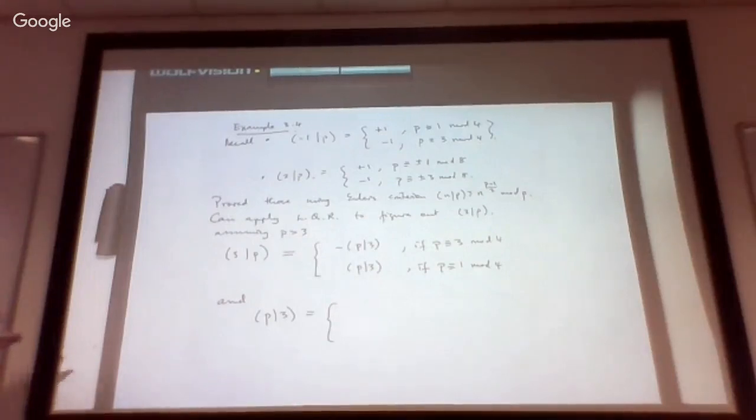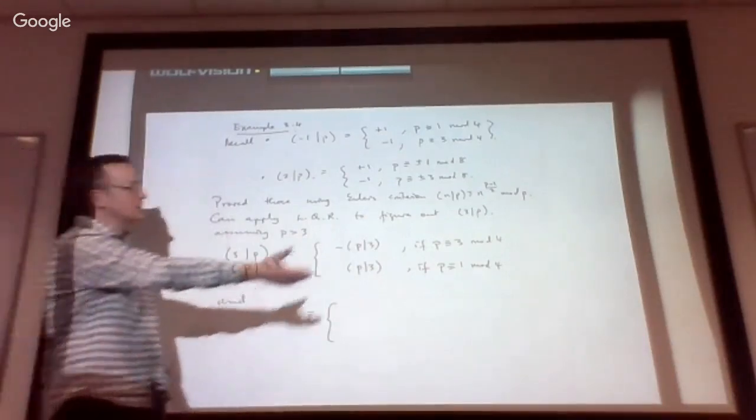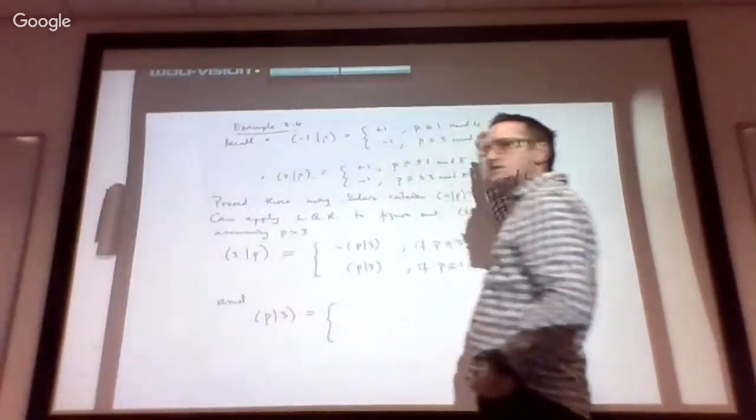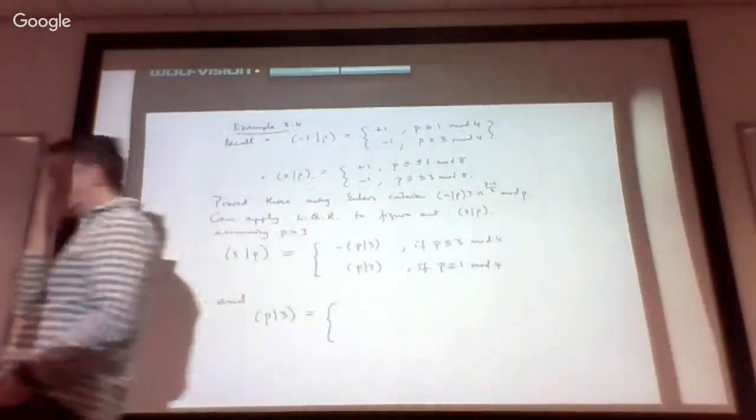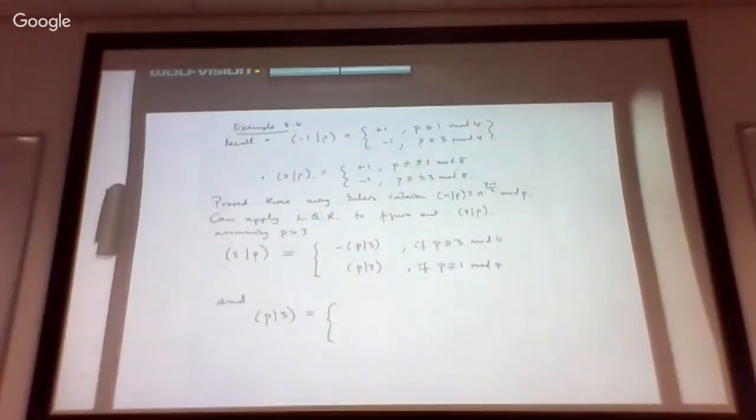In a similar spirit, we were analyzing everything depending on the congruence class of the prime. So how would you describe that? Well, what do we do when we're faced with Legendre symbols?